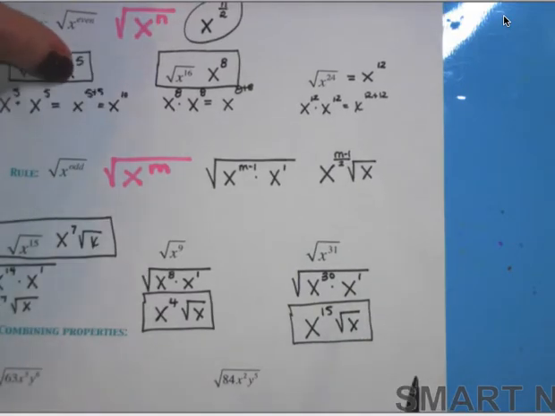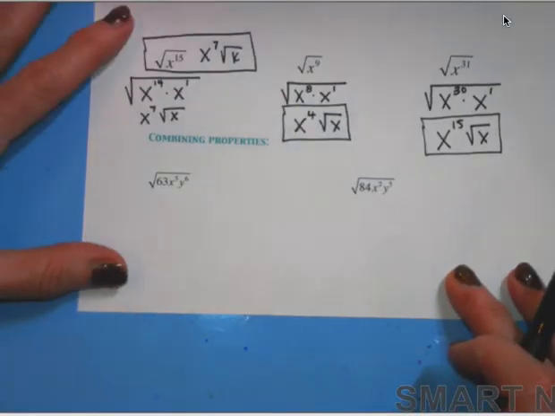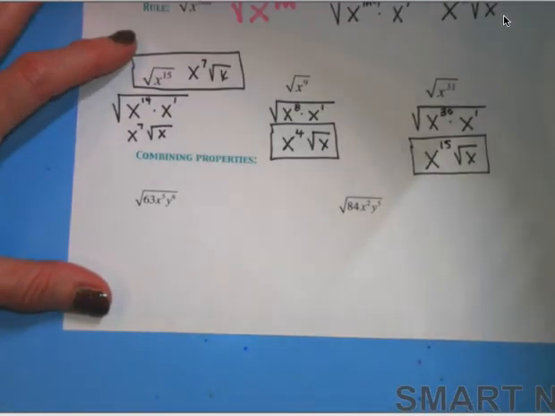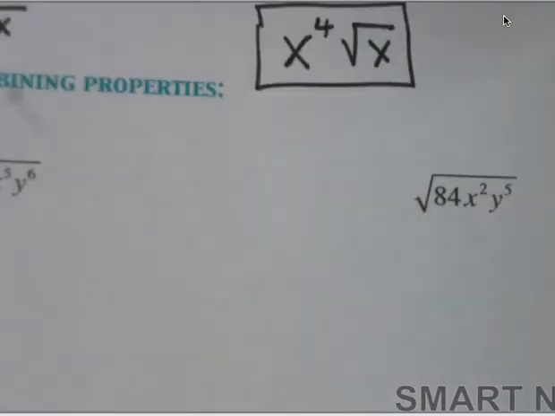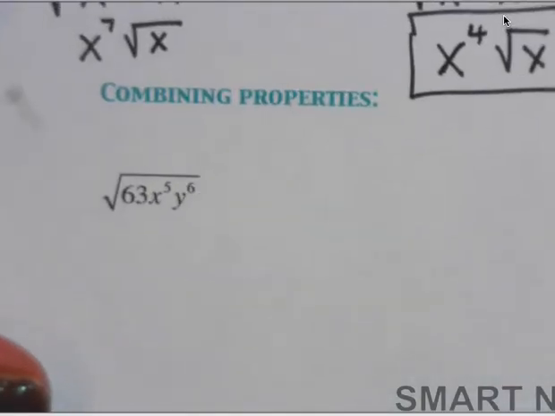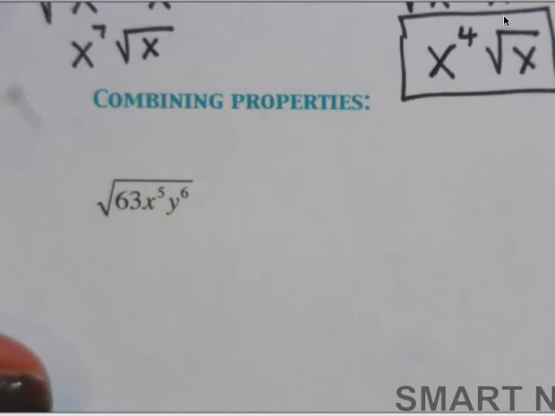And then the skill that we're going to work on, we're going to combine the numerical piece with our variables. And that's the first skill to take away from the new part of this unit.